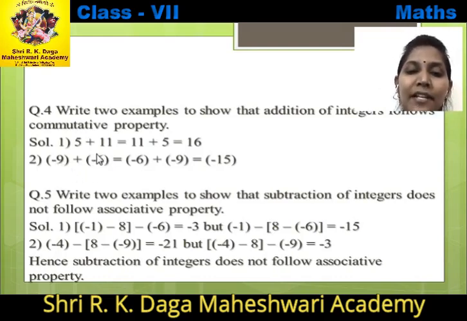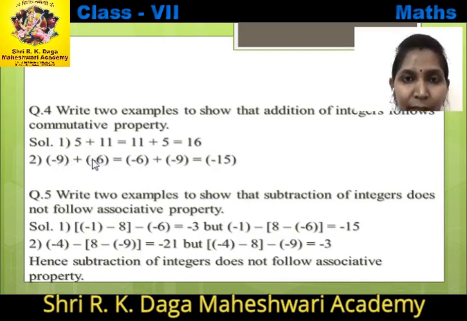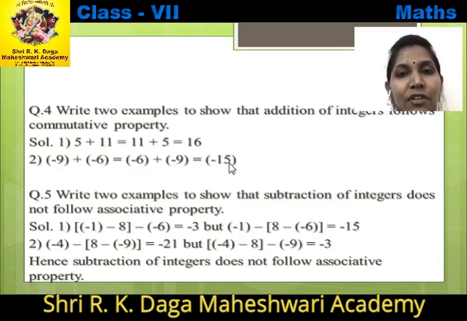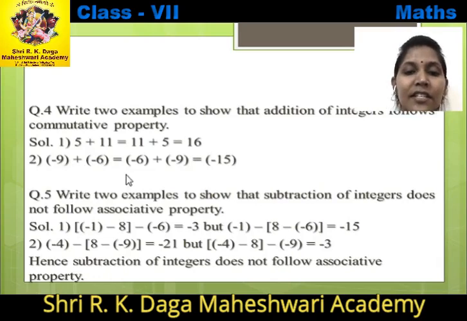So a plus b is equal to b plus a, both the values are the same, that is minus 15, because minus 9 and minus 6 is equal to minus 15. In the same way, minus 6 and minus 9 gives the sum minus 15.